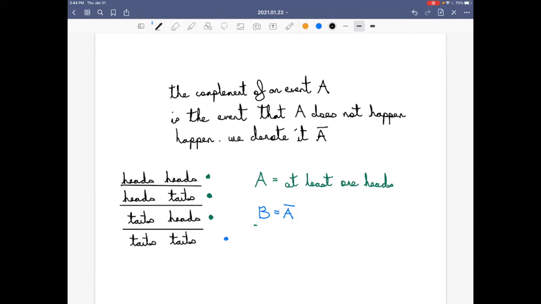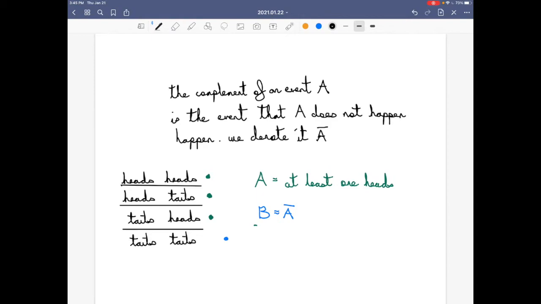And so you figure out the complement of an event just by looking for everything where its defining condition or property is not satisfied. So in our double coin flip example, we can say, all right, if A is the event that we see at least one tails, what's the negation of that?